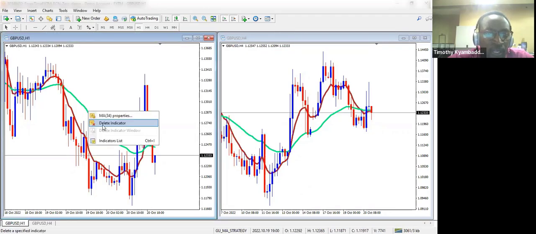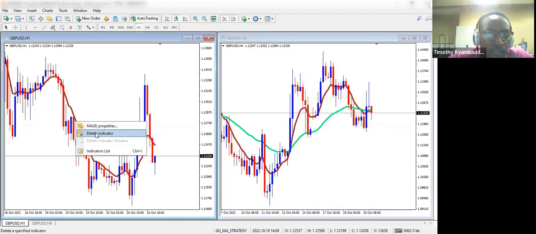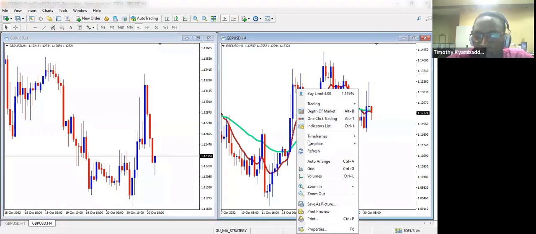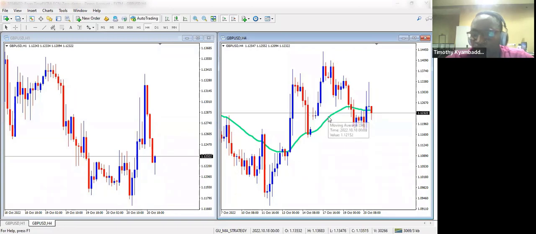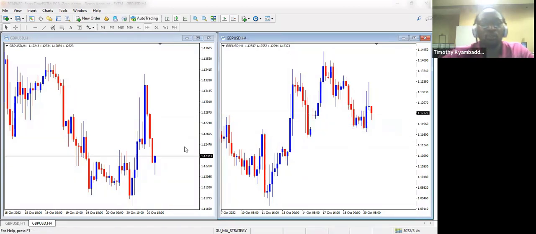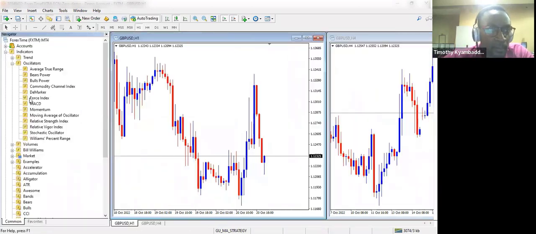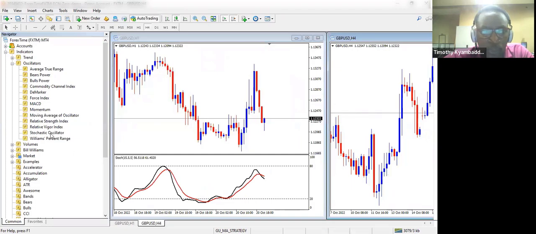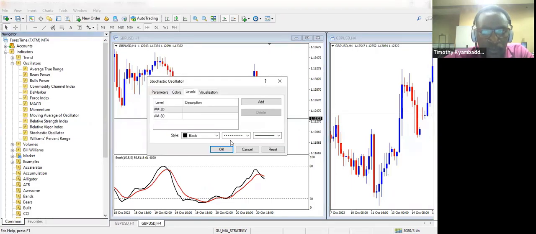I'm going to remove these lines because today we're not looking at the moving averages. Today we're looking at the oscillators. And then I'm going to load the stochastic here. I'm also going to load the stochastic here as well.